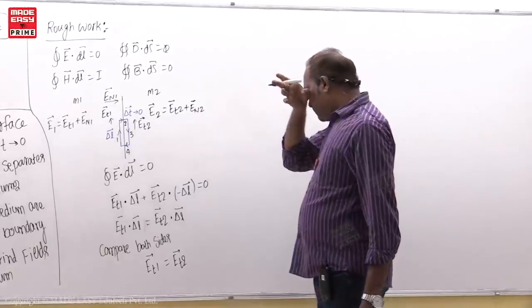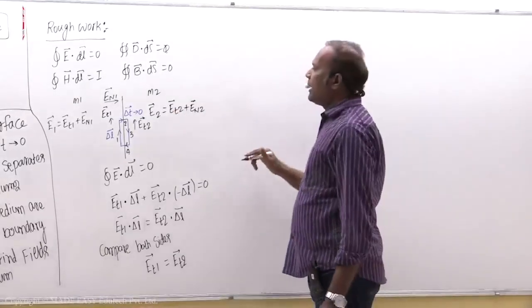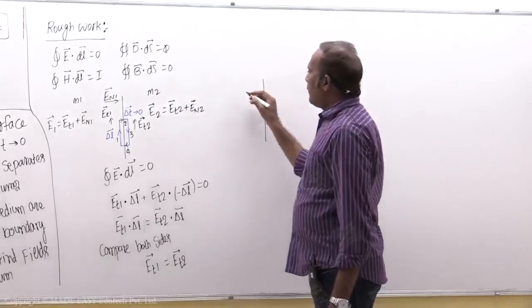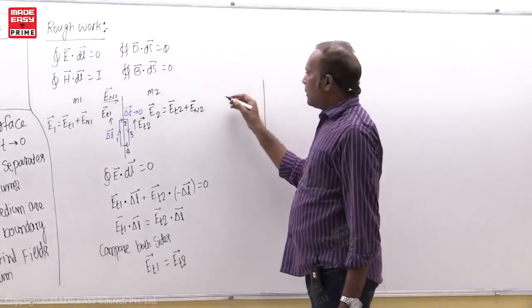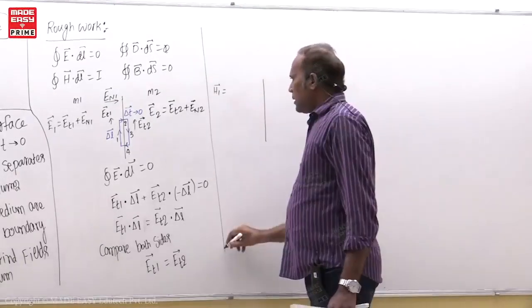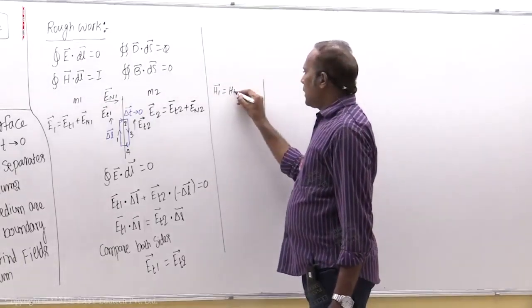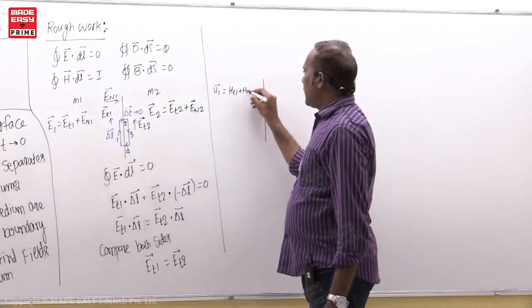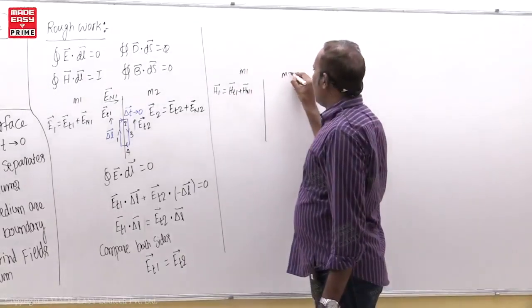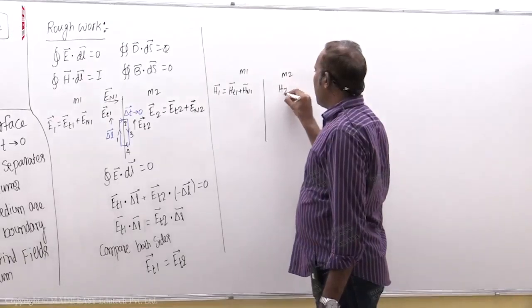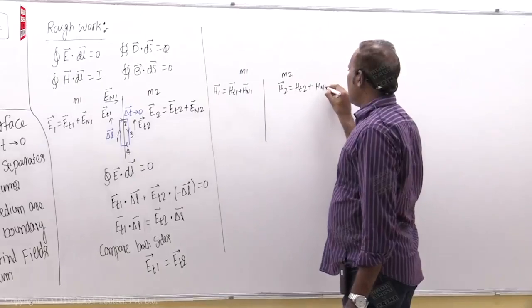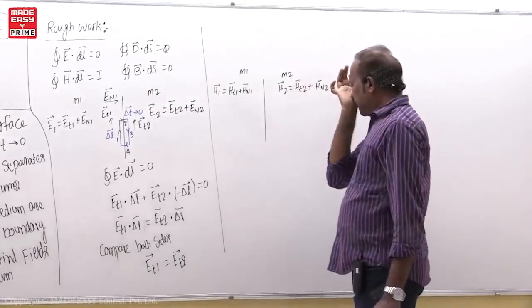So dear students, similarly if I write H1 bar here, H1 bar is equal to Ht1 plus Hn1 in medium 1, and in medium 2, H2 bar is equal to Ht2 plus Hn2, like this.